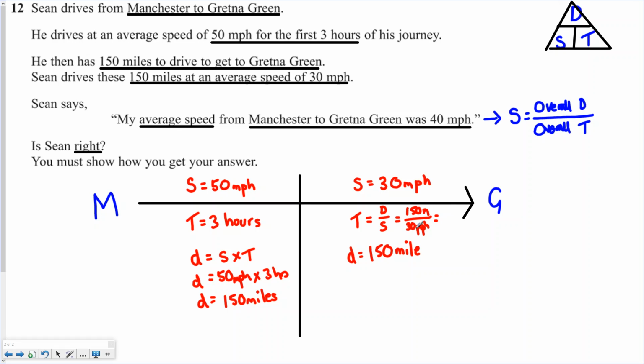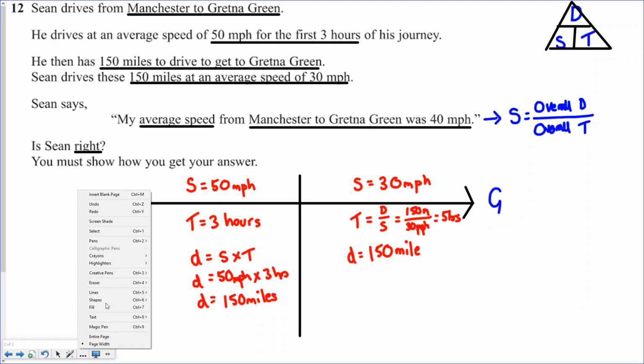So 150 divided by 30 will give me 5. And because it's miles and miles per hour, the units will be 5 hours. So we now have the overall time: 3 hours for the first part of the journey and 5 hours for the second part of the journey.